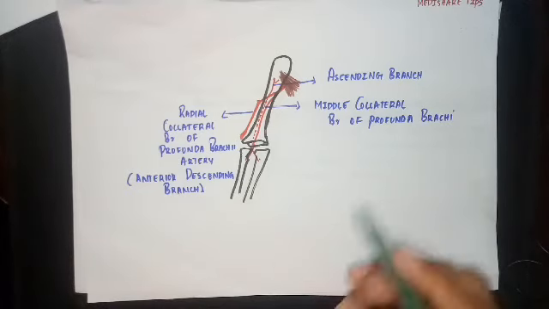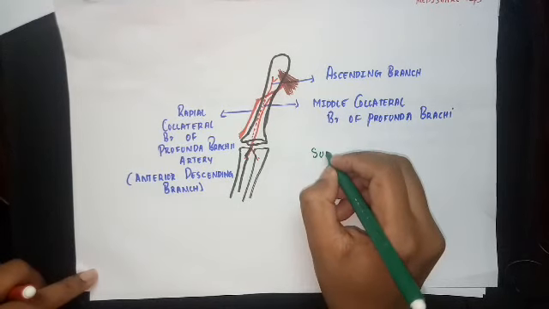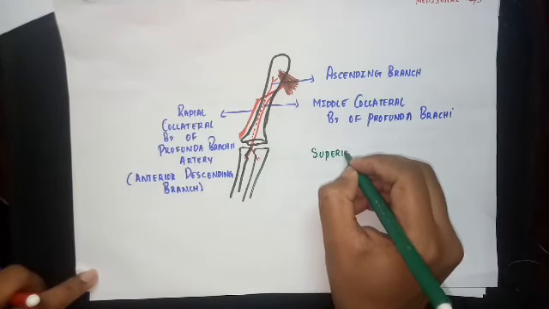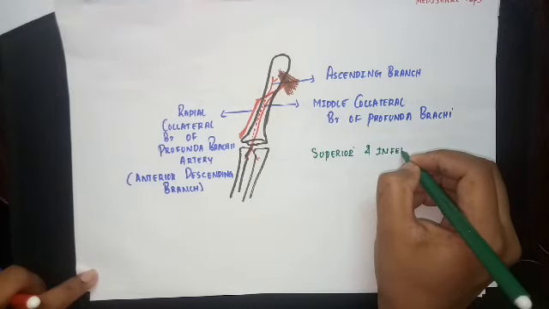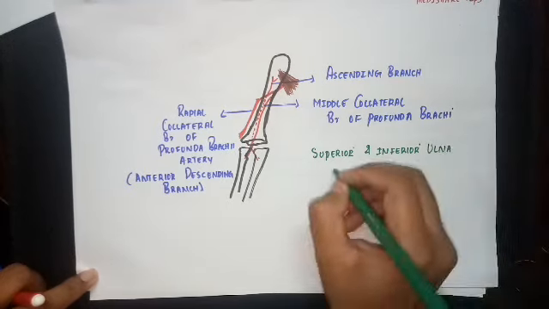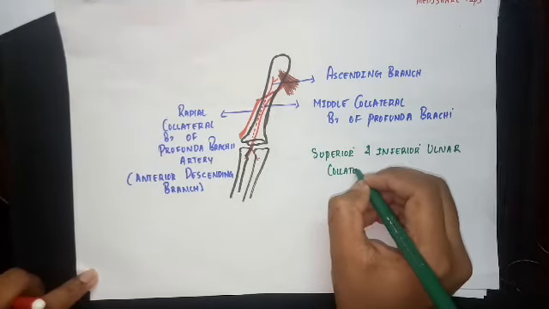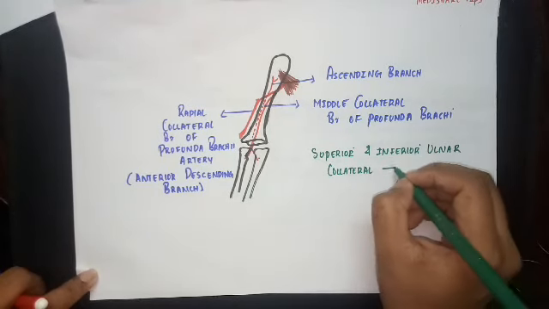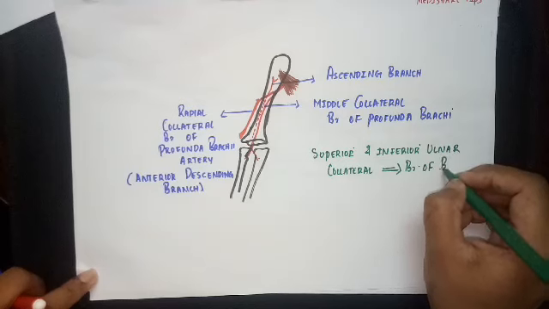So you have to remember that the superior and inferior ulnar collateral are branches of brachial artery itself.